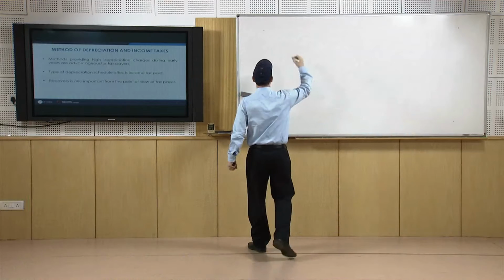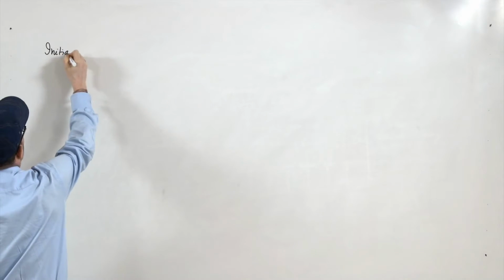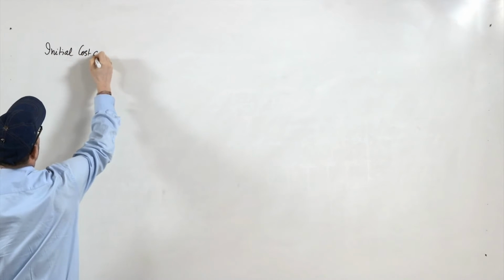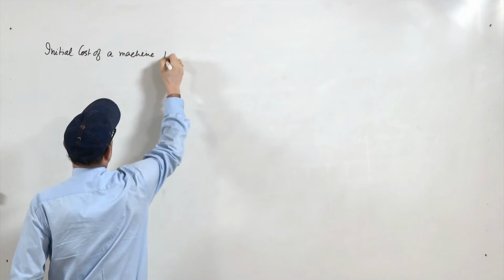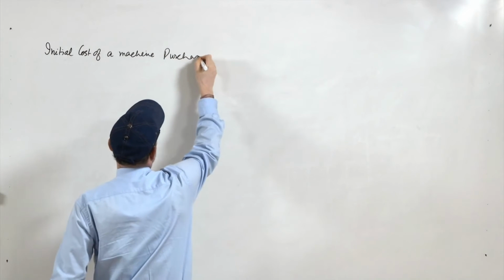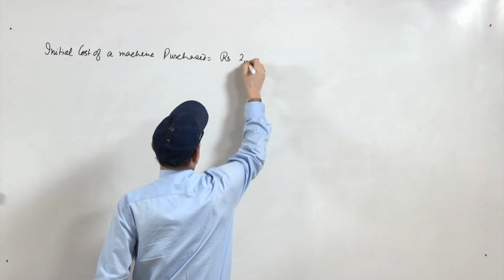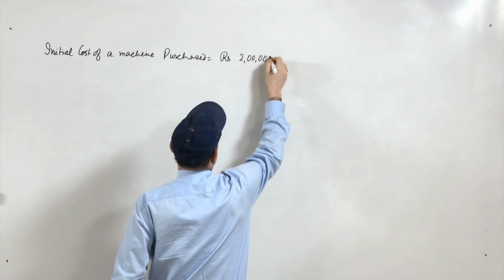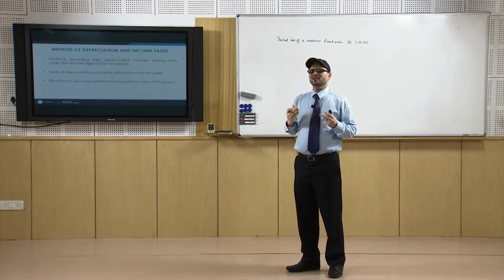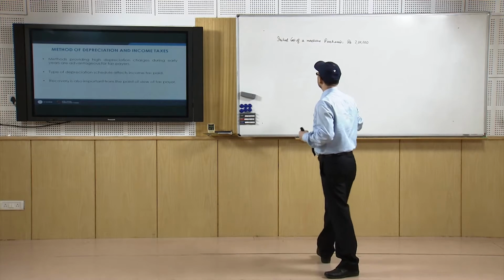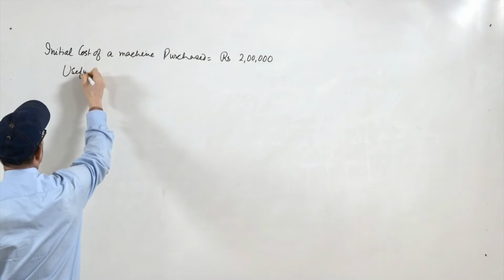So, let us say the initial cost of a machine purchased is rupees 2 lakh. The company has purchased a machine of rupees 2 lakh. The machine has a useful life of 5 years.